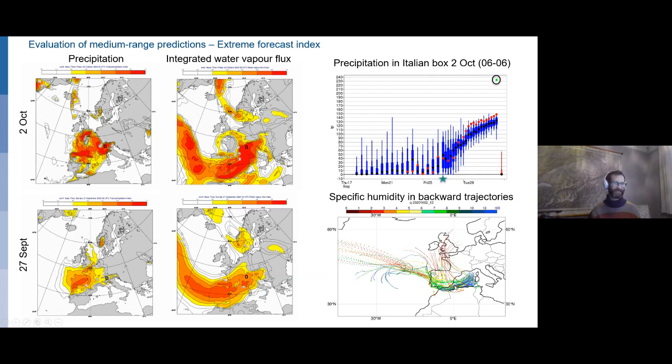And we see that the trajectories picked up most of the humidity over the Mediterranean, and that the fetch almost got the maximum length, starting from south of Spain and going towards France and Italy. So here the exact position of the cyclone leading to this transport seems to have been important.